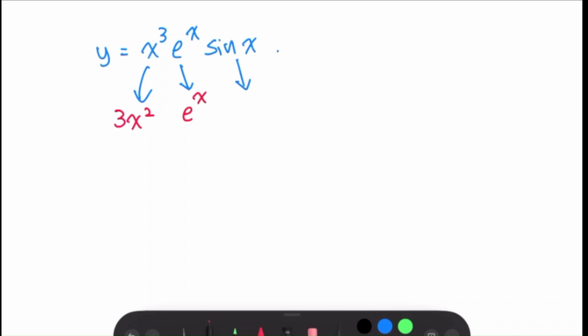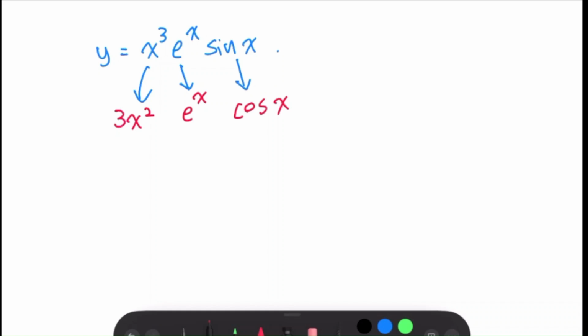And then let's start off with y equals x cubed e to the x sine x. And we can start off by first differentiating each of those components. So that would become 3x squared, and then each of them would become ex and cos x.